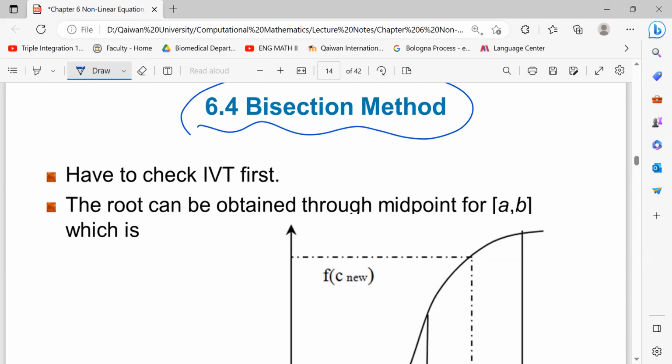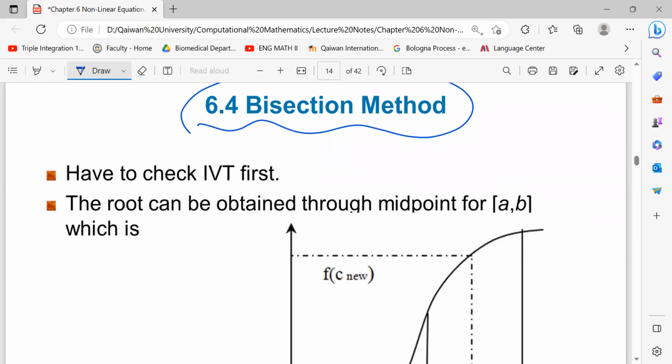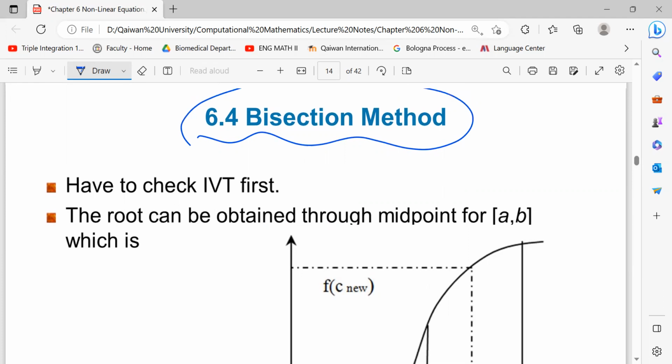In the bisection method we must have an interval to work on. It works on interval iterations. We just find a new interval, then a new one, until we get the approximate solution.